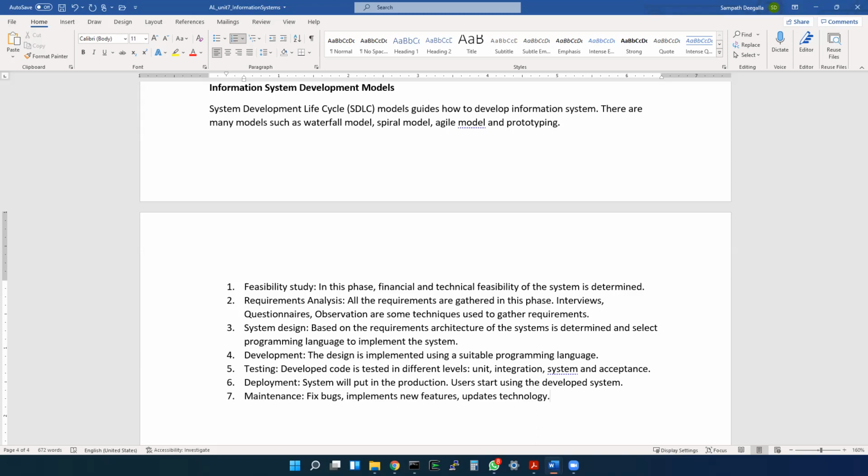That's what happens during this phase. Right. Now, with that, we have finished the system development life cycle. And then we want to discuss what the advantages are.